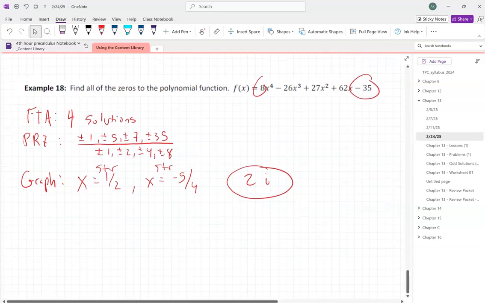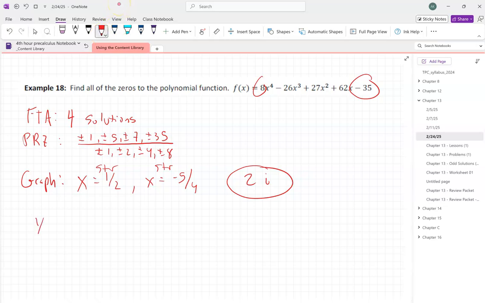Now, unfortunately, I'm stuck with fractions each of these times, but it is what it is. Given the two fractions to start with, though, I'm definitely picking 1/2 over -5/4, right? So I'll go ahead and do my synthetic division.